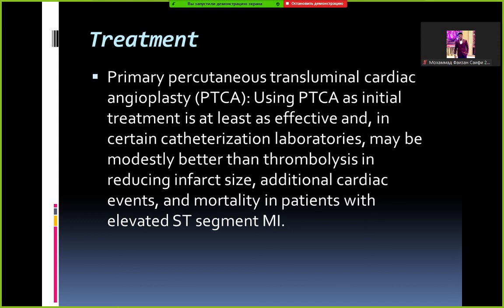Using this method as initial treatment is at least as effective as thrombolysis, and in certain catheterization laboratories may be modestly better than thrombolysis in reducing infarct size, additional cardiac events and mortality in patients with elevated ST segment myocardial infarction.